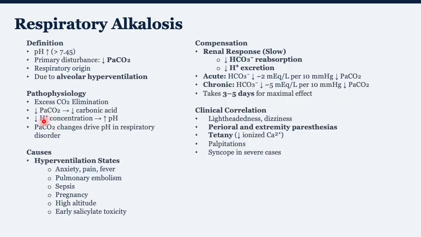This will drop your partial pressure of carbon dioxide, also dropping your carbonic acid, which drops your hydrogen concentration. Therefore, it will give you an elevated pH. Causes: this can be seen in anxiety, pain, fever, PE, sepsis, pregnancy, high altitude, and salicylate toxicity.